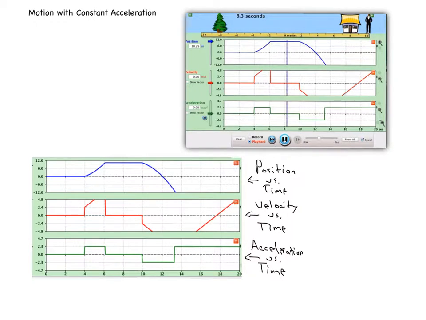Here he is. His velocity has gone back down to 0. His acceleration is 0. The next part of the graph we see this acceleration. Now, the slope of this line is a negative slope. So that tells us his velocity is negative. And we see here that it's going to be a negative velocity because the velocity time graph is in the negative region, which tells us he's going to be walking back in this direction.